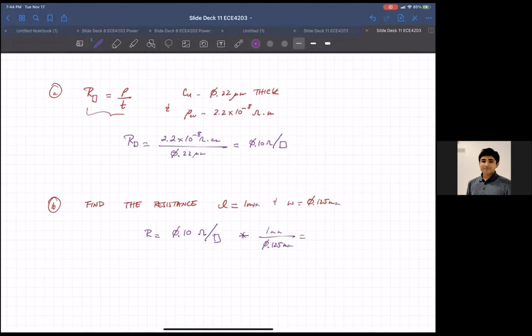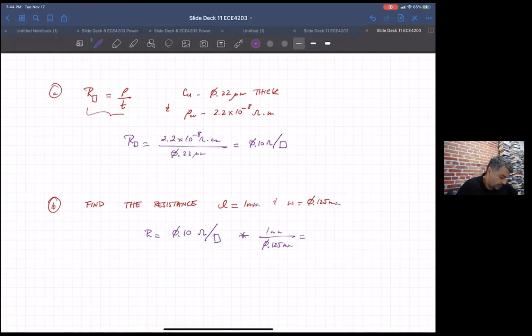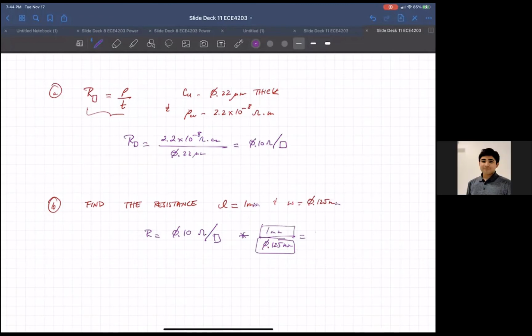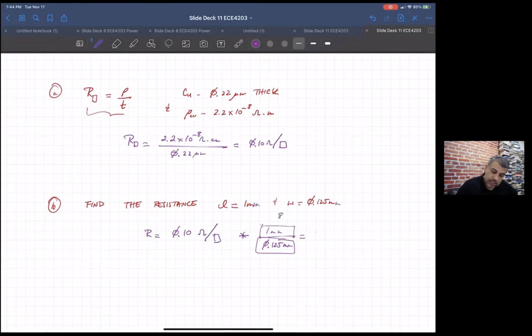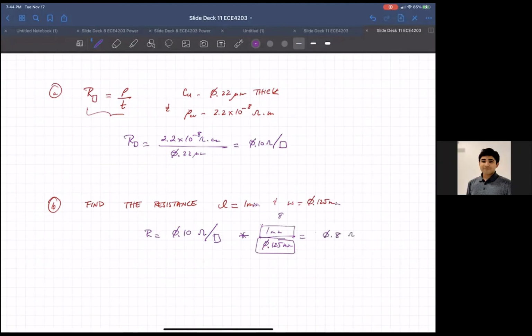And then what would this be? 1 millimeter over this is 8. So this ratio is 8. And we multiply it, so we get 0.8 ohm. The squares go away.